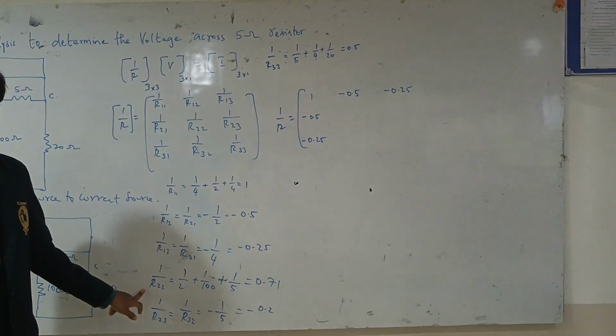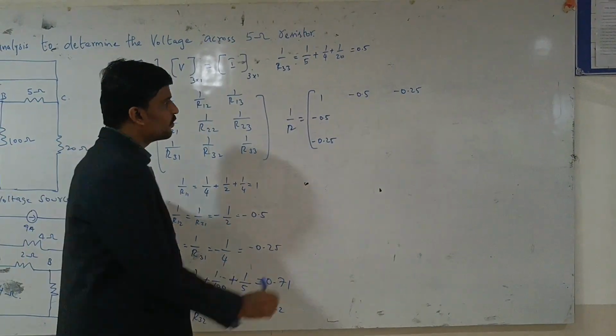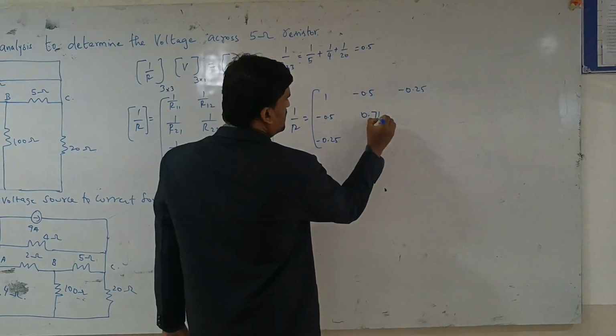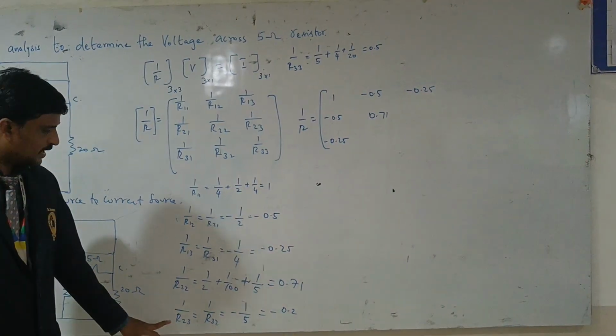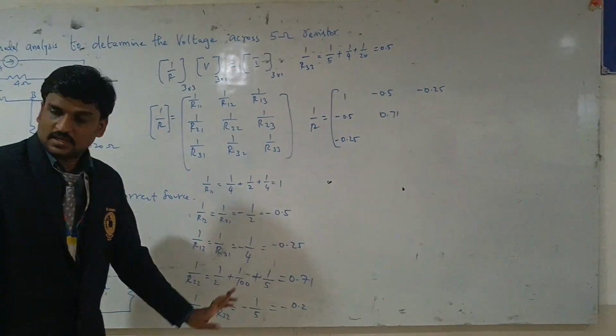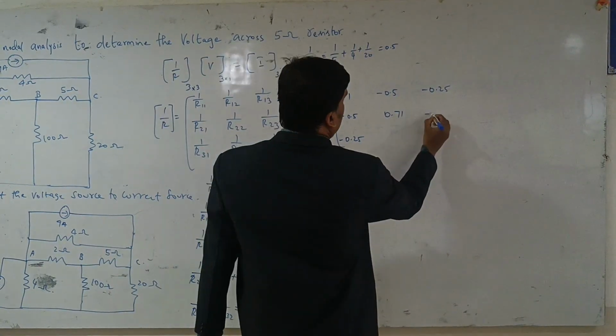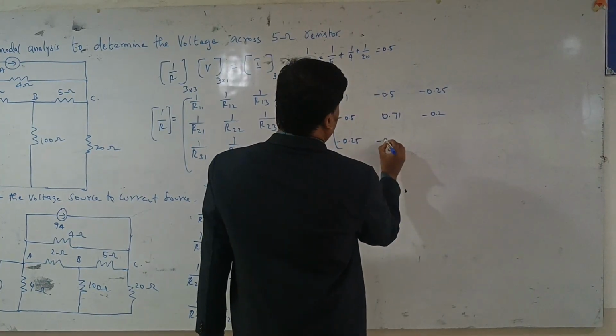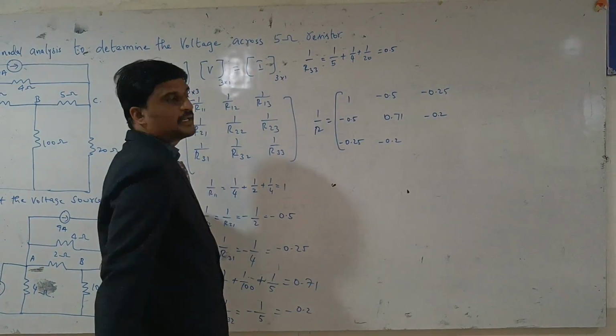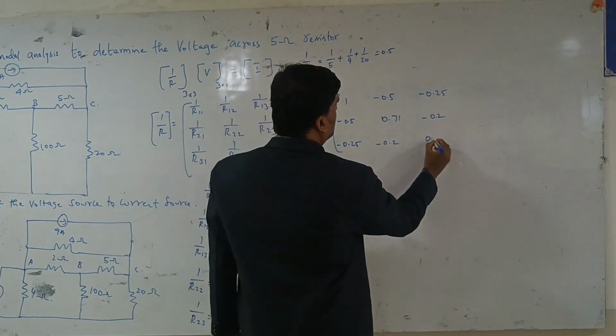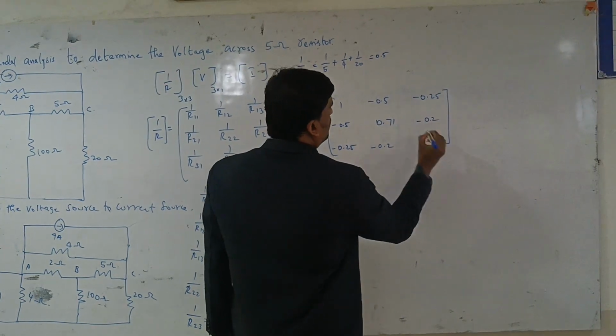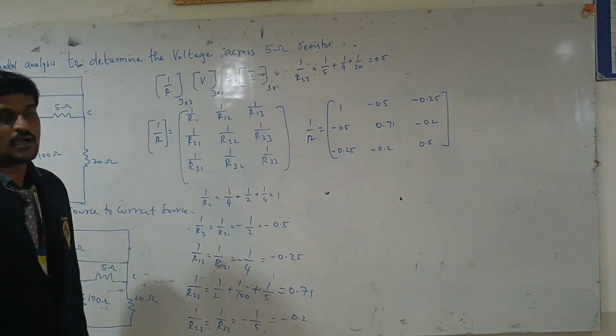Next 1 by R22 is 0.71. Next 1 by R23 and 1 by R32 is minus 0.2, here it is minus 0.2. And 1 by R33 here it is 0.5. So this is the value for R.